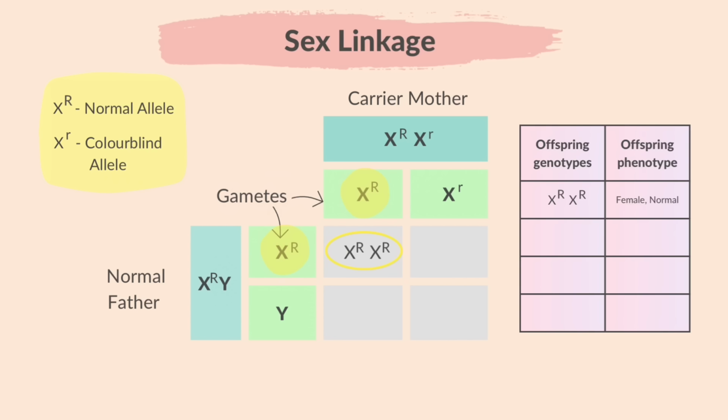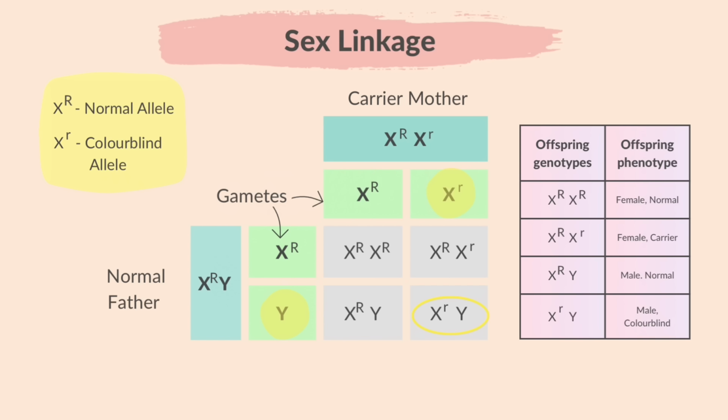Here we will have X capital R X capital R, which is a normal female. Here we will have X capital R X small r, which is a carrier female. Female because XX, right? Here we will have X capital R Y, which is a normal male.